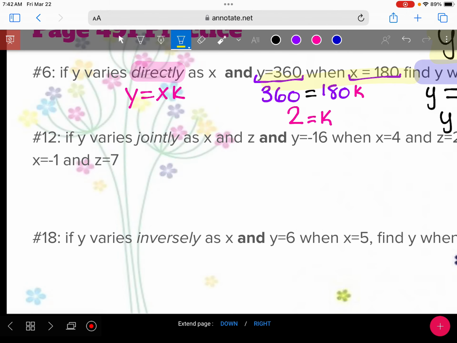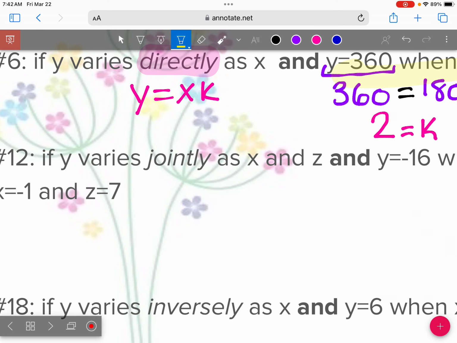So then let's do the next one. We're going to do this varies jointly. So if y varies jointly as x and z, y varies with x and z joined up times some number.